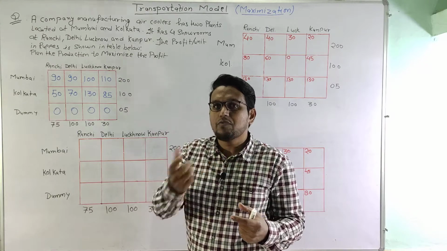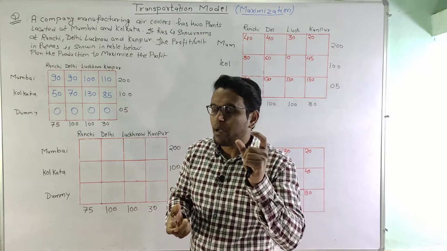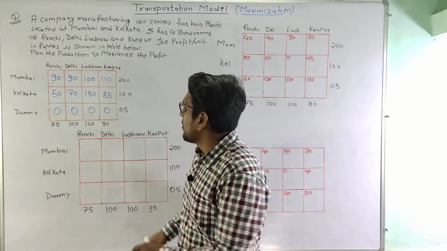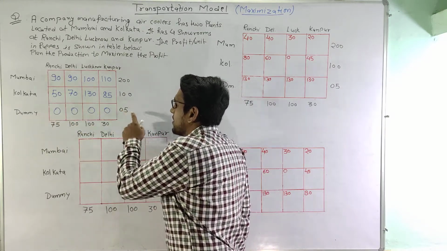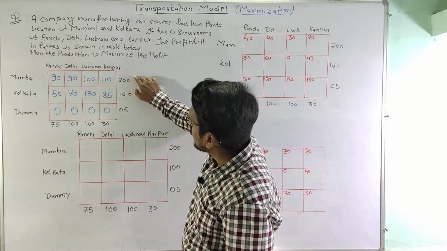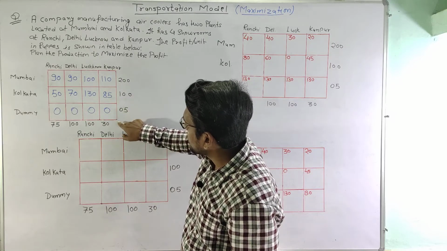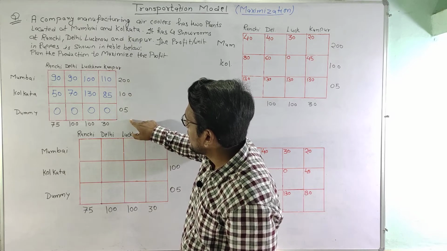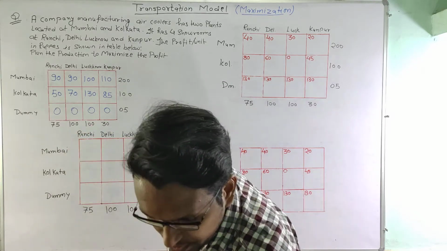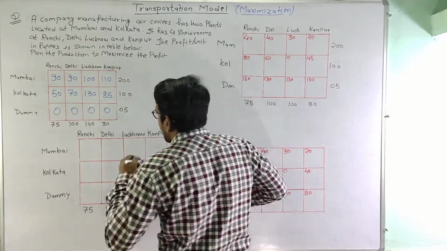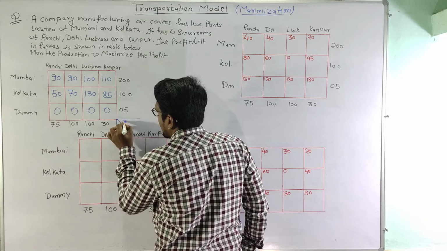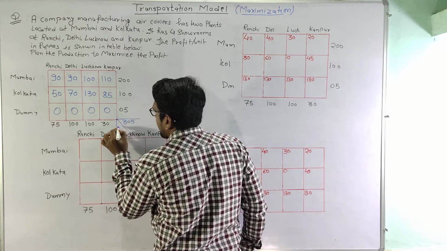Now in order to convert that into a balanced problem, I have already added a dummy row with supply 5. After adding this dummy row, the total supply is coming as 305 and the total demand is also coming as 305. So I have already converted it into a balanced form.